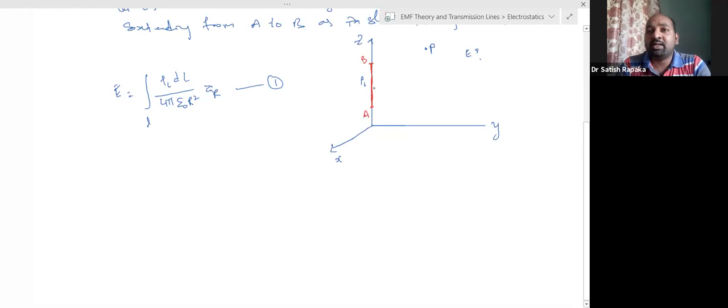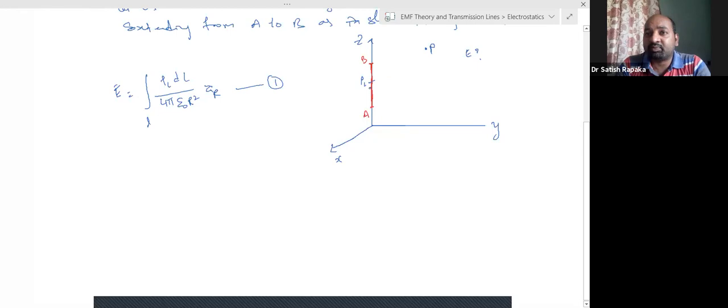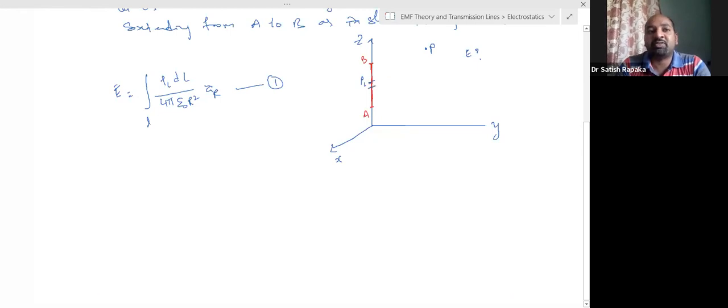To determine the electric field at point P, the procedure is, let us consider a differential element here, a very small length.